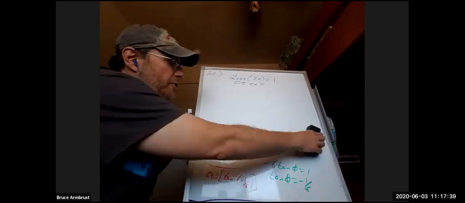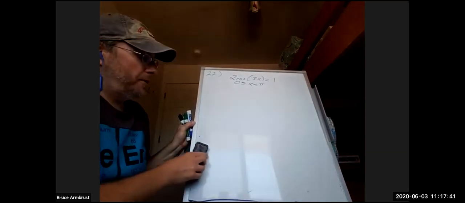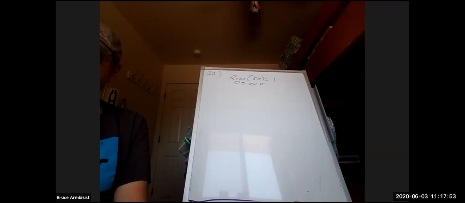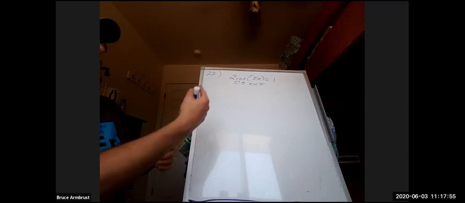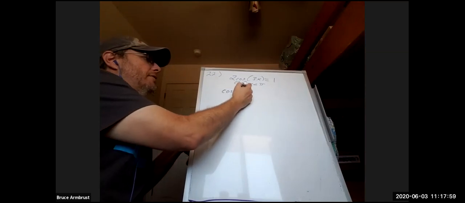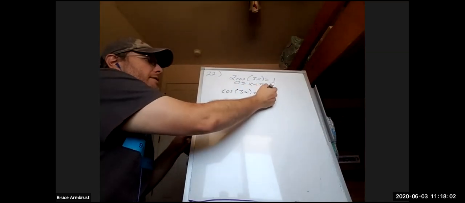All right, so in general, what do we want to do when we want to solve a trig equation? What's the process? Separate the cosine by itself. Yeah, get that cosine by itself. That's where we always want to start. So we'll go ahead and divide everything by 2. So we get that the cosine of 3x is equal to 1/2.